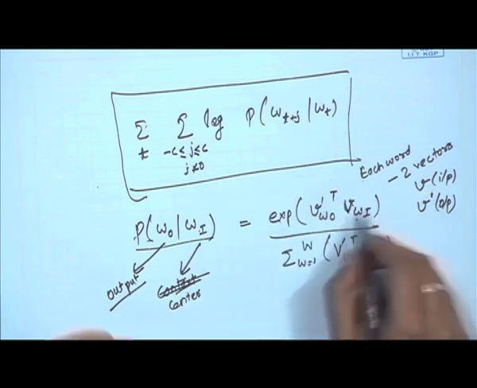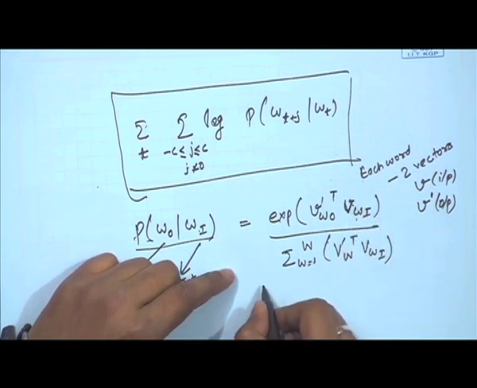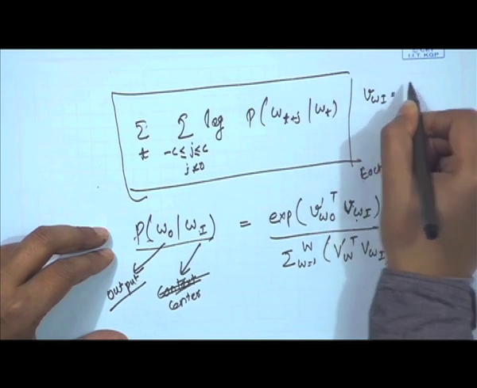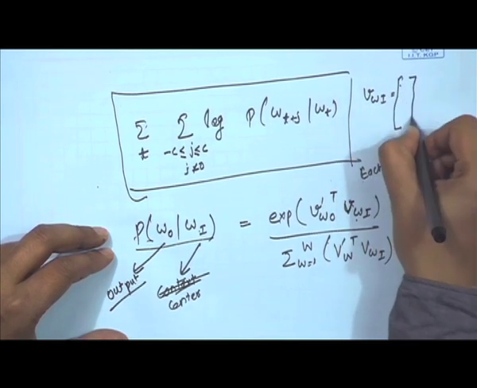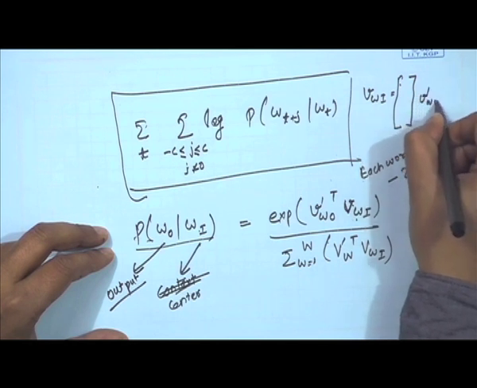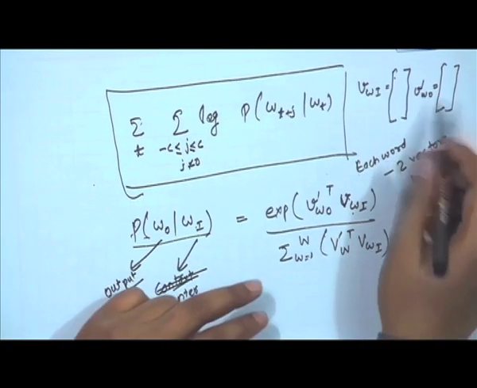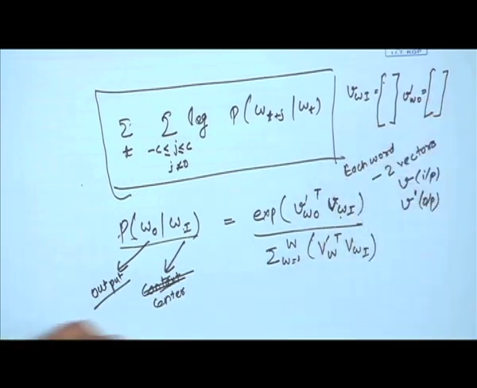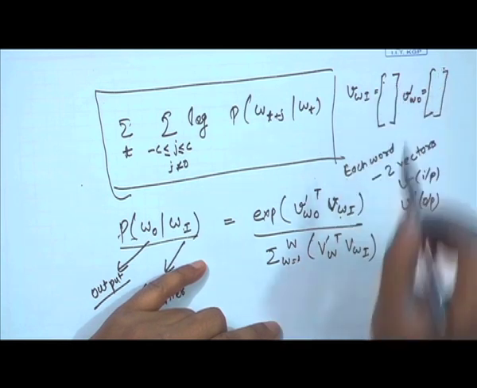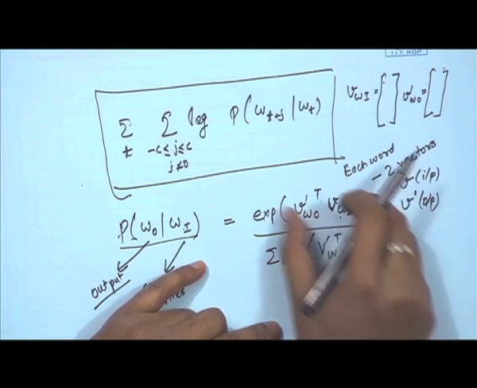Now both these vectors are column vectors. So V W I will be of this form, and V prime W O will also be a column vector. So how do I get a number? By multiplying these two, I will take a transpose of this, okay, and multiply with this, and that is what I am doing here: V prime W transpose times V W I. That gives me a single number.